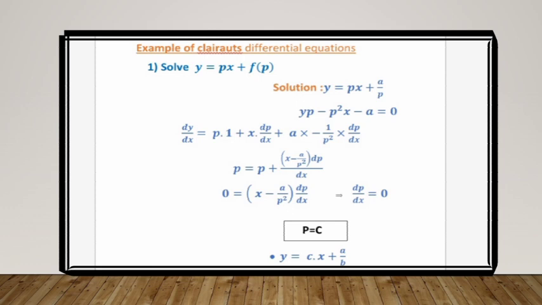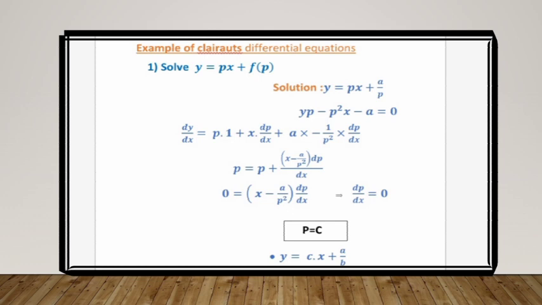Now p equal to p plus x minus a by p square times dp by dx. Now p minus p equals 0. So we get 0 equal to x minus a by p square into dp by dx.